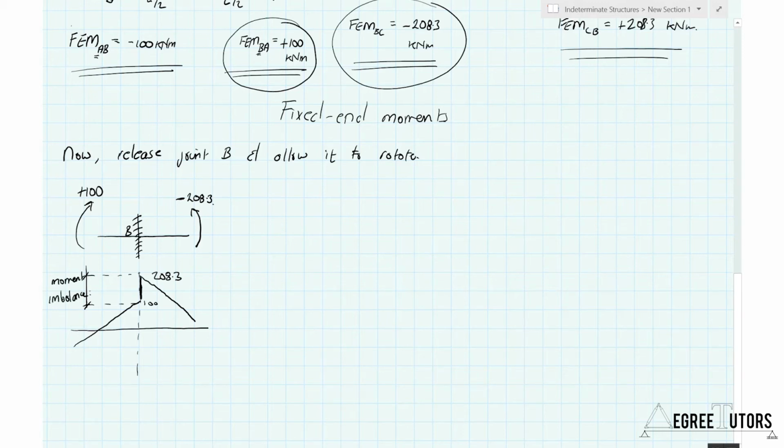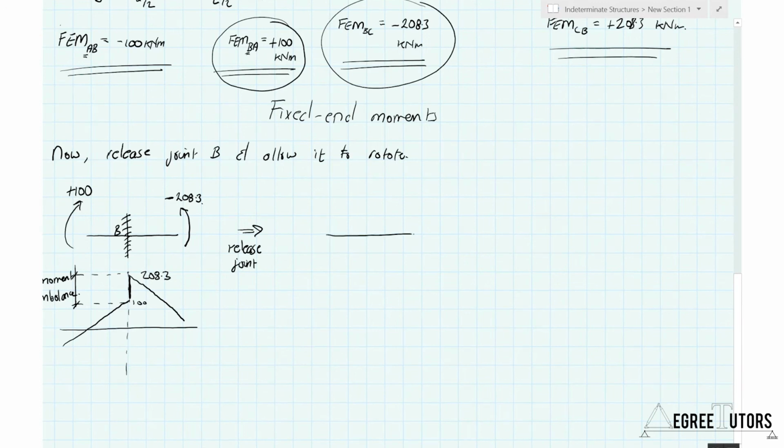Excellent. So now what we do is, that's the situation we're at now. Then we go ahead and we release. So let's release this joint. Now what do we have? Well, it's gone back to being a roller. But we have this moment imbalance, which is minus 108.3 kilonewton meters.